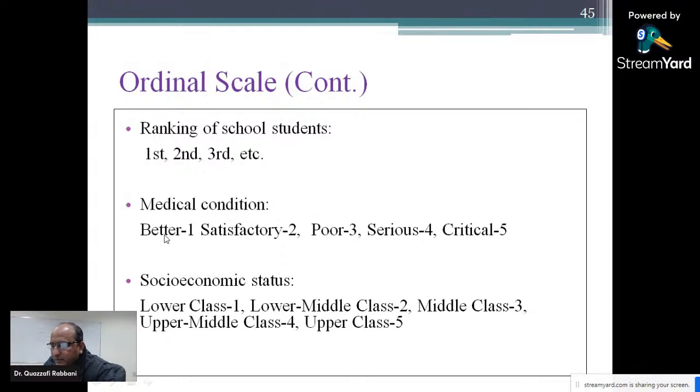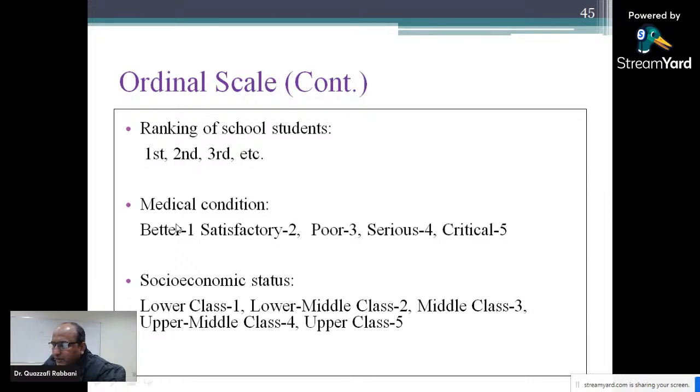For another example, medical condition: better, satisfactory, poor, serious, and critical. Better is represented by 1, 2 is given to satisfactory, 3 poor, 4 serious, 5 critical.